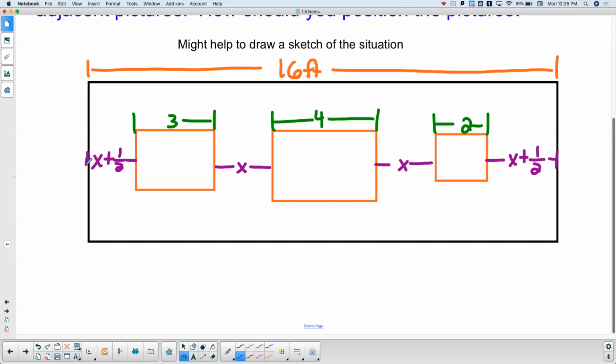Alright, so now my question to you is this. Is there some formula that we could use? Is there a distance equals rate times time formula or some other kind of formula?